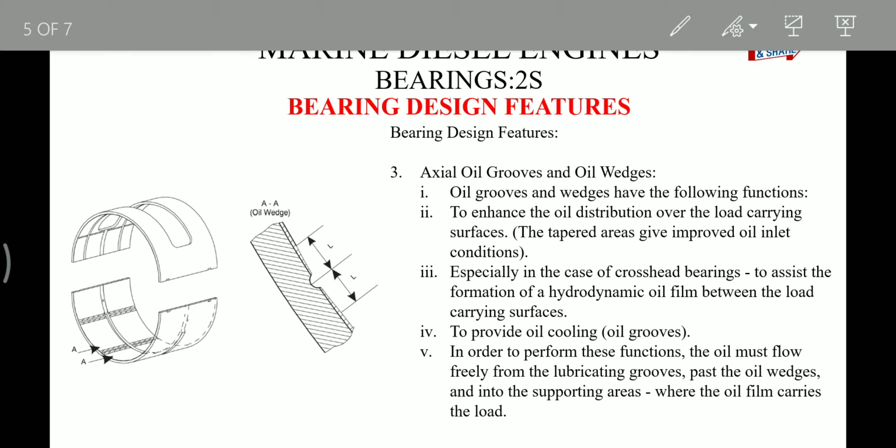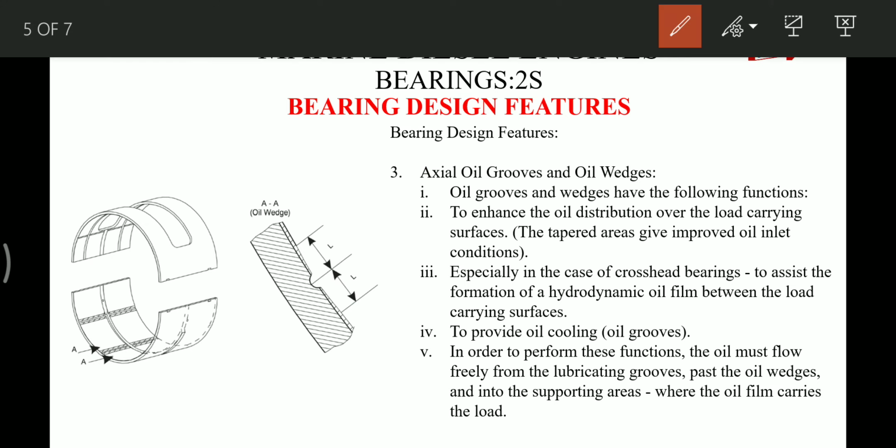This feature is also there in the main bearing and crankpin bearing. Now third is the axial oil grooves and oil wedges. This feature is there on the crosshead bearings. These oil grooves and wedges have the following functions. First is to enhance the oil distribution over the load carrying surfaces. The trapped area gives improved oil inlet condition.